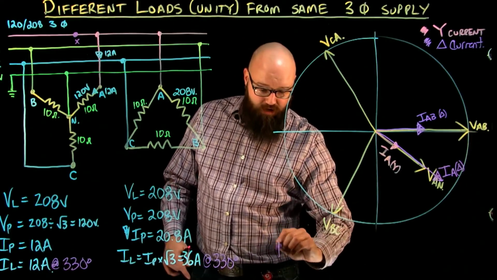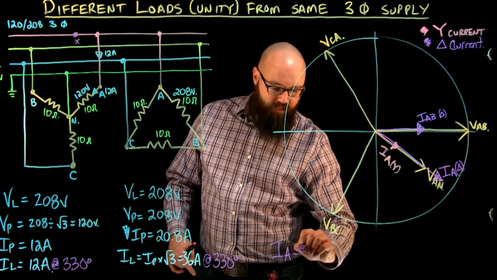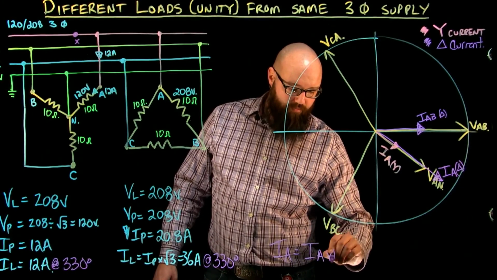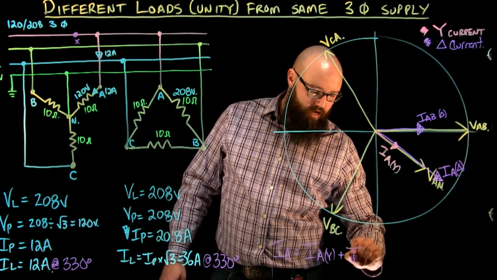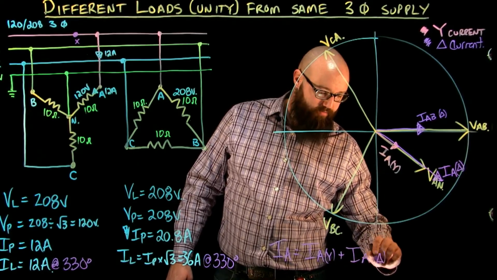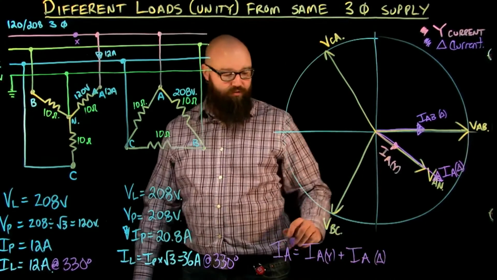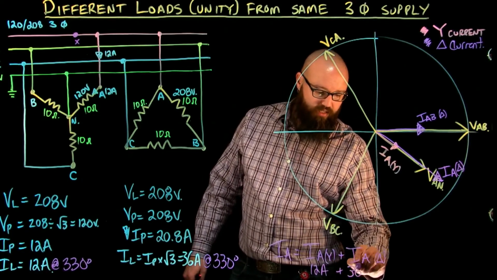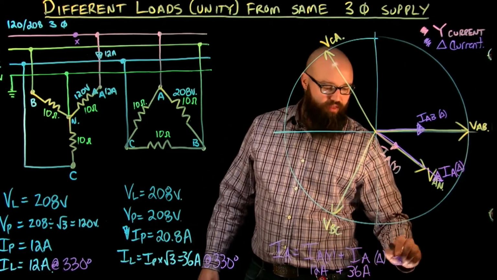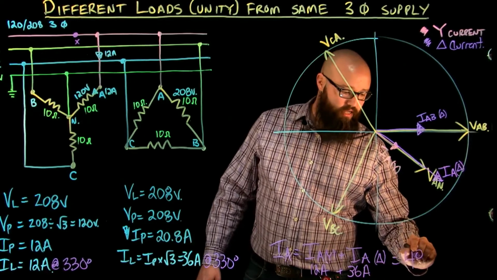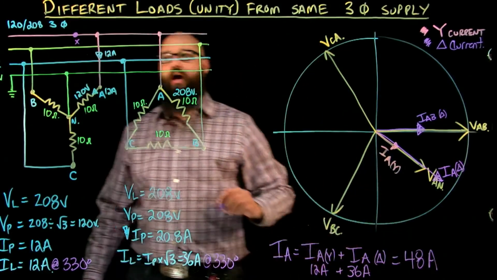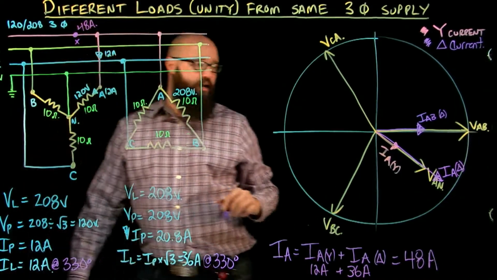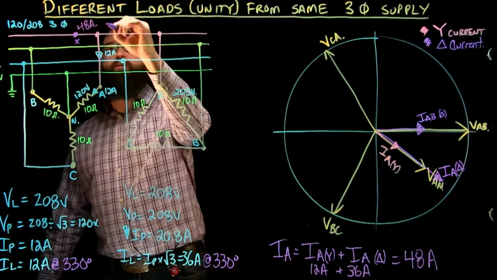I have IA is equal to IA from our Y plus IA from our delta. If I substitute numbers, we have 12 amps plus 36 amps. I end up with a total of 48 amps on line A, and it works out at 330 degrees as well.